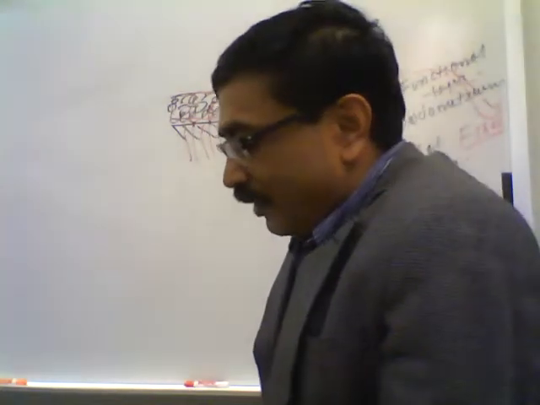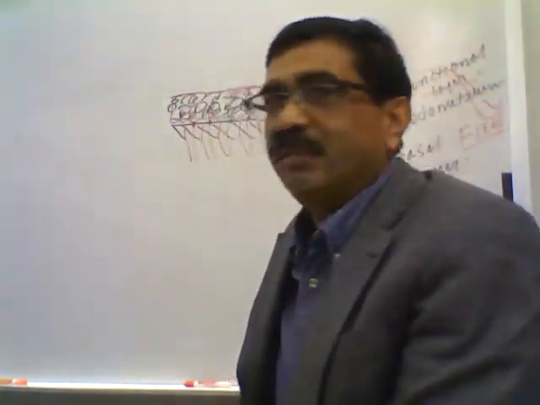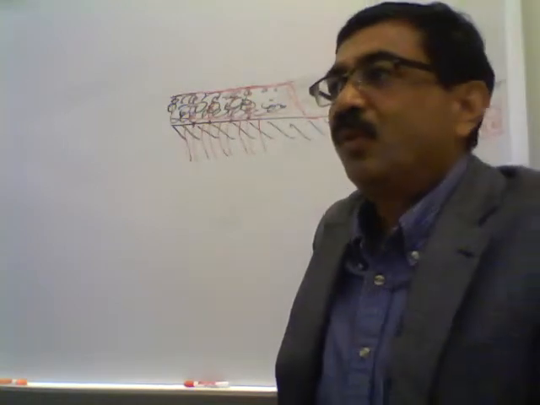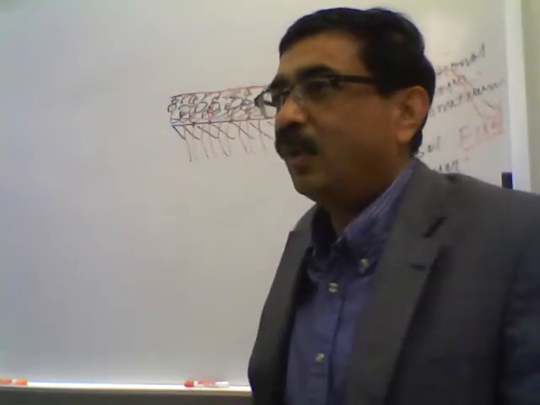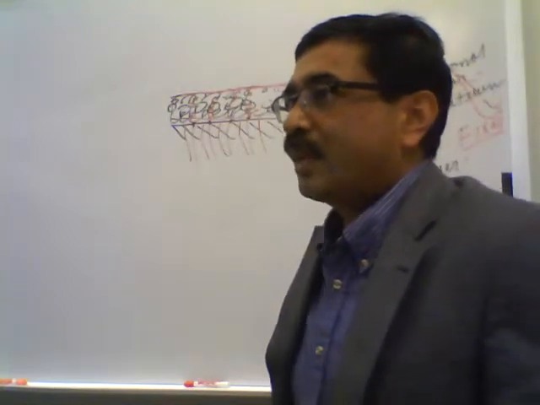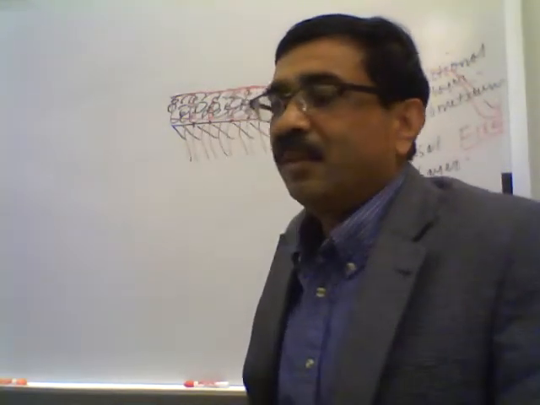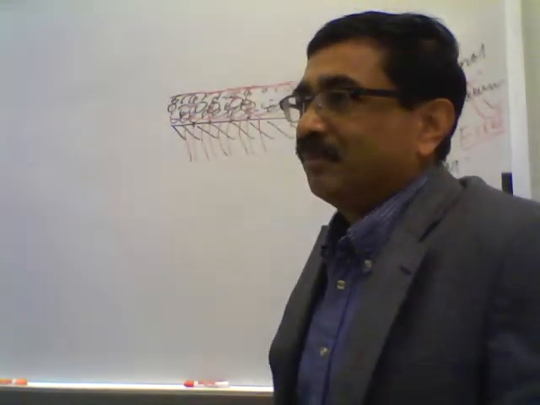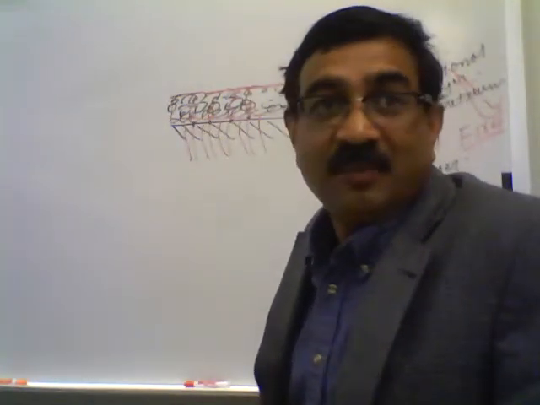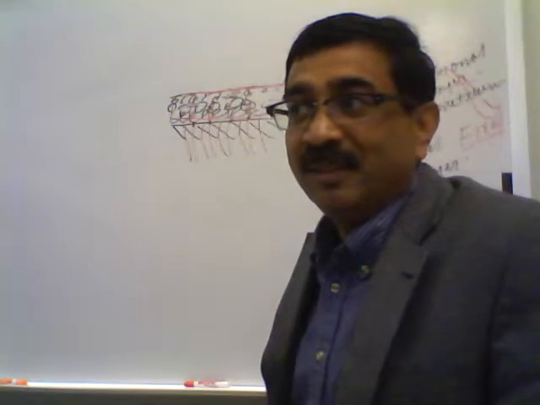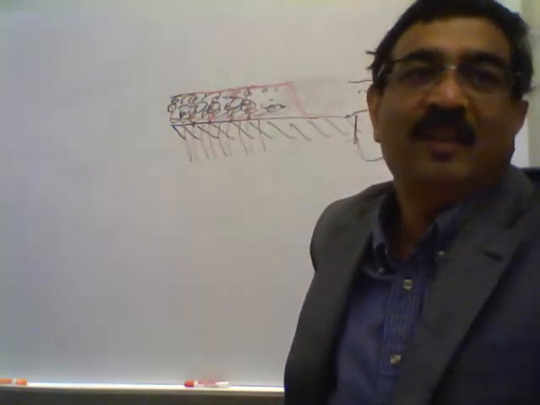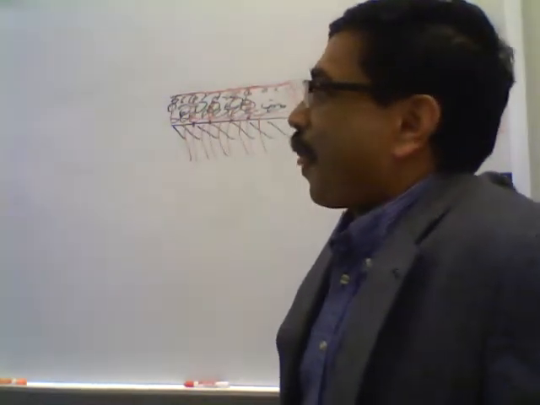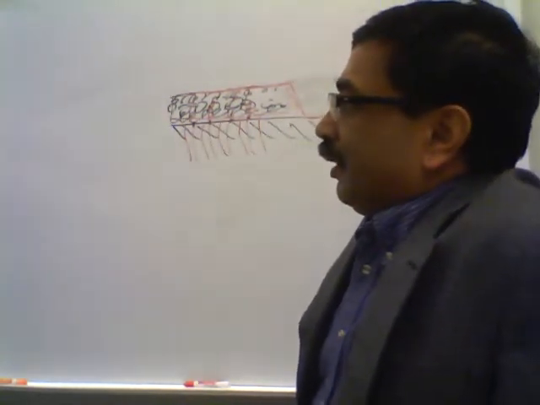Now, this stratified squamous is very thick and there are folds in it, and those folds are called rugae. Have you seen rugae before? Inside the urinary bladder, right? So also you have rugae in the vagina. Okay.